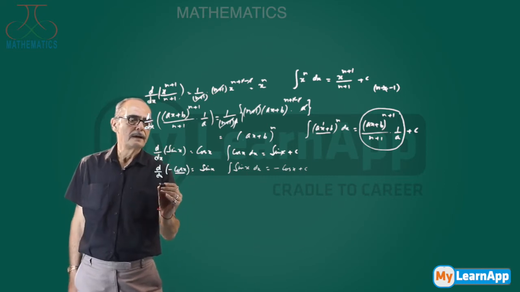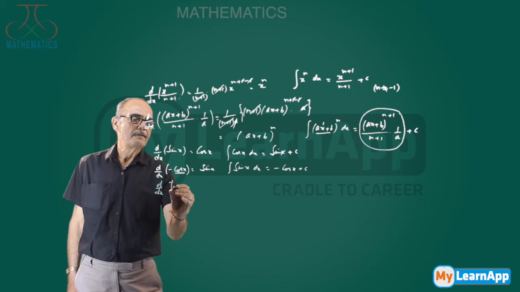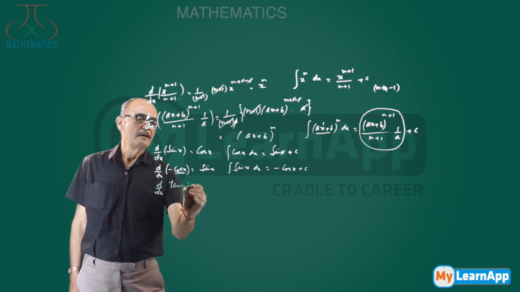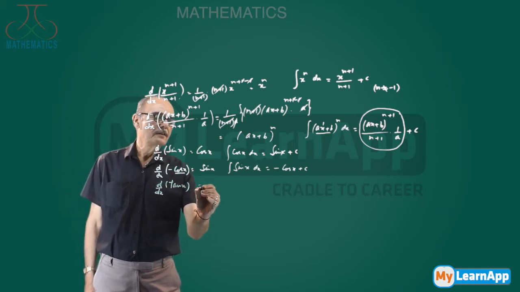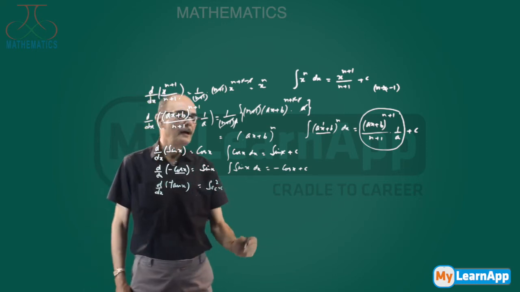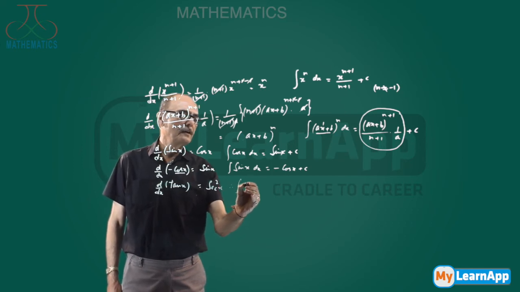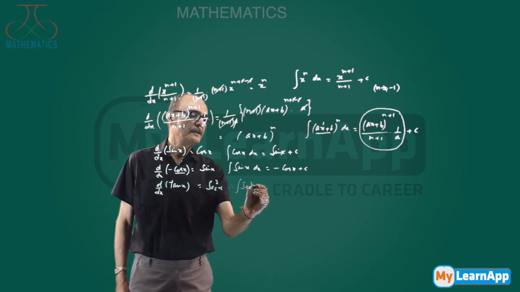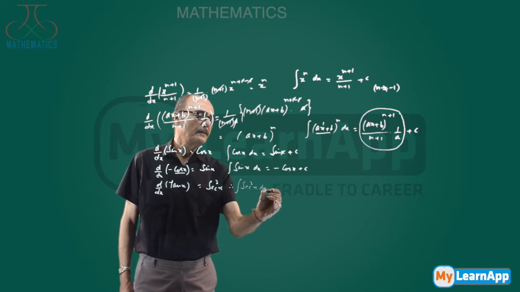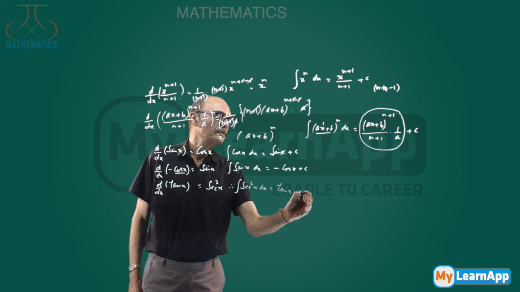Then next is d upon dx of tan x. The derivative of tan x is secant square x, and therefore the integral of secant square x dx is tan x plus constant c.